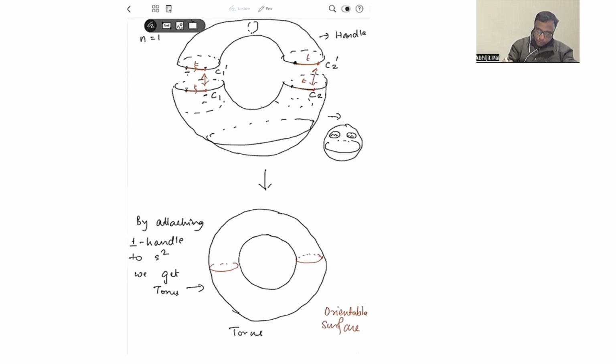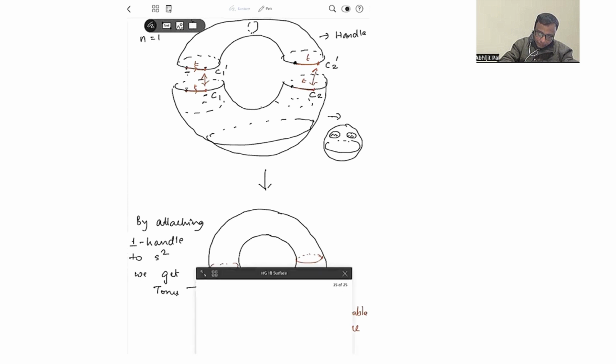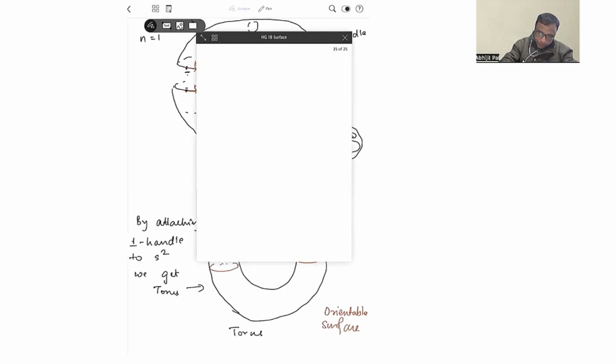So for n equals 1, we take a cylinder and attach that cylinder to the sphere in the following way. Maybe I'll first draw a picture here.